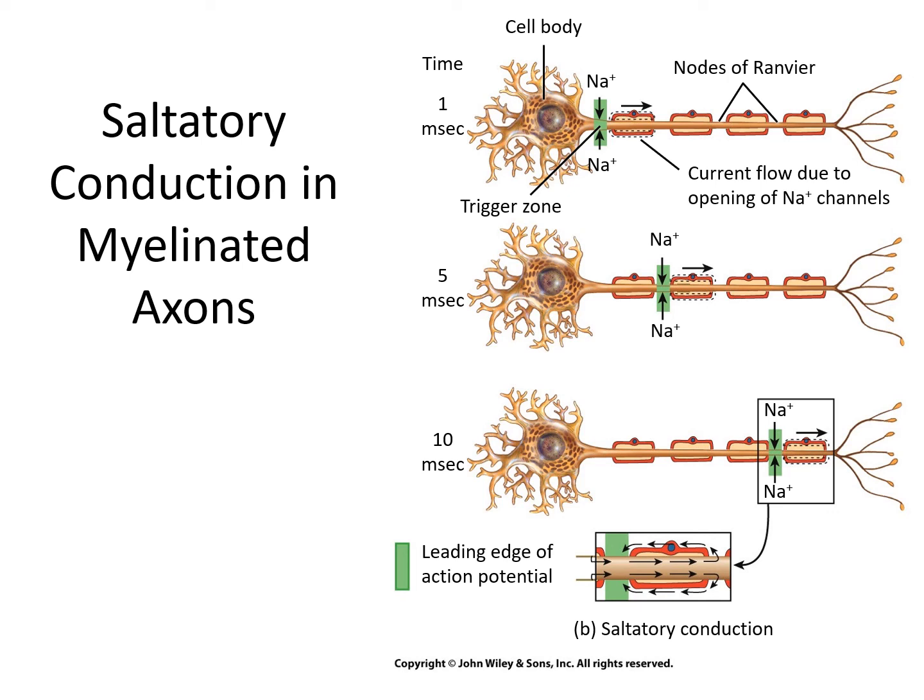And at the next node, we have a new action potential being generated, traveling down the naked portion of the axon until it gets to the next myelinated area, where once again, we're going to have sodium being forced through the cytosol of the axon to the next node. This is a much faster mode of transmission. So in axons that have to conduct signals meters or more in distance, we have this saltatory conduction. Saltare in Latin means to jump. So basically this electrical signal is jumping from node to node through the axon.